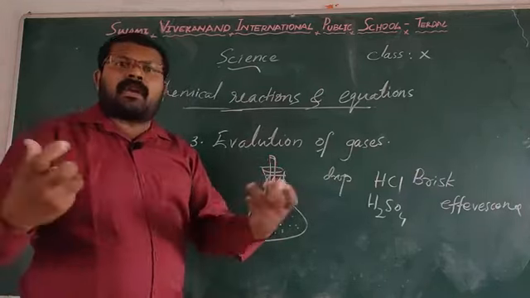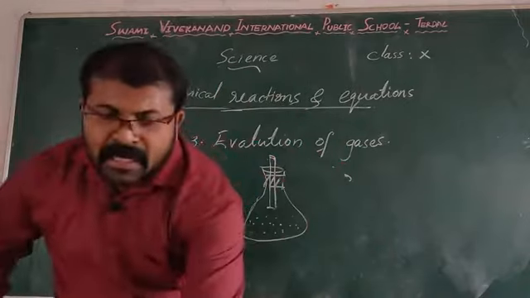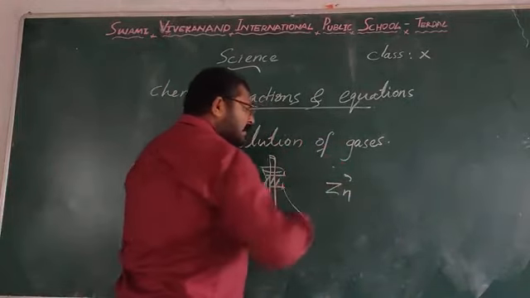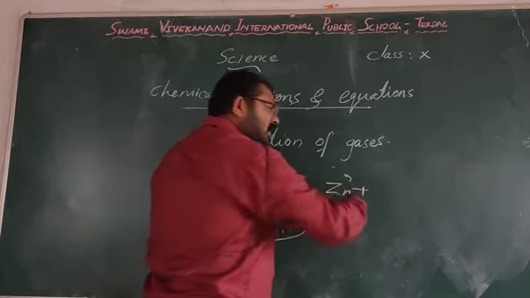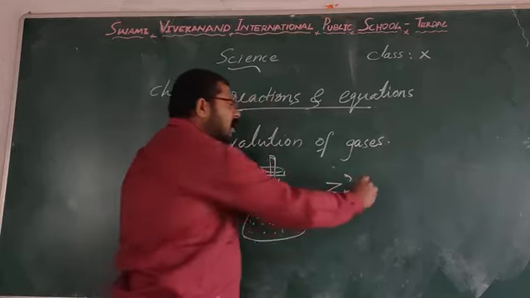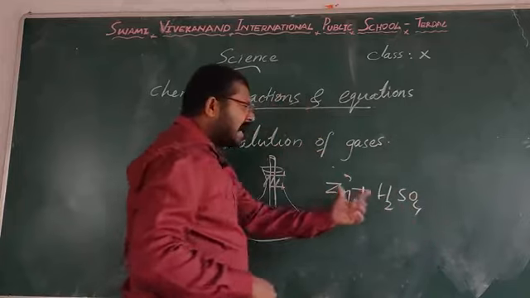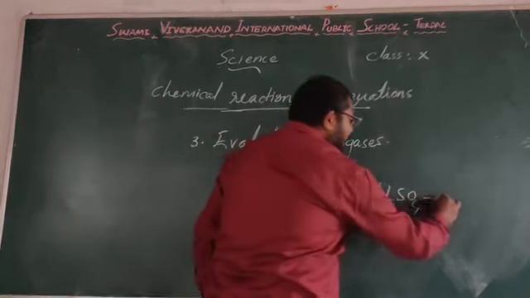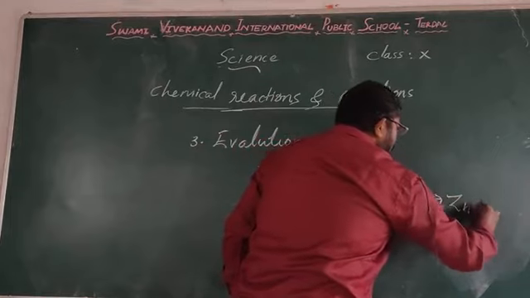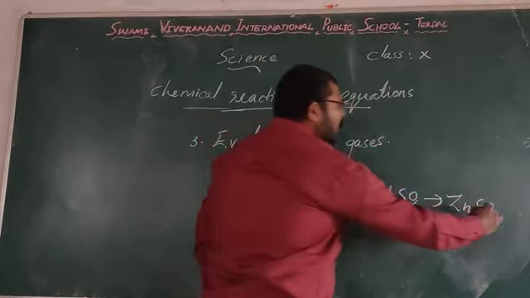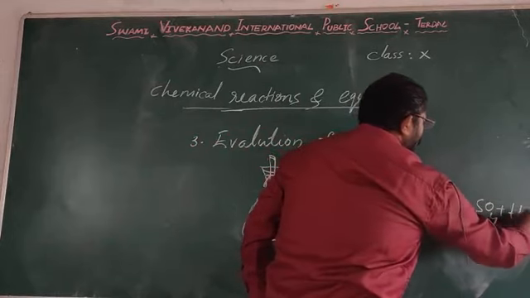I will be mentioning the chemical equation for what happens during this reaction. Here you can see zinc reacts with sulfuric acid, H2SO4, and you get zinc sulfate, ZnSO4, plus H2.